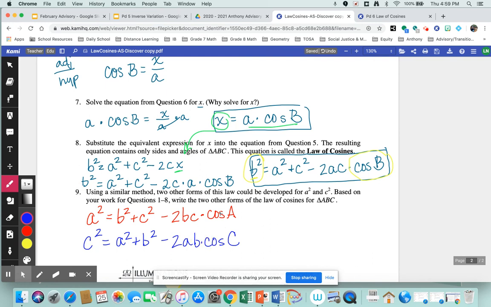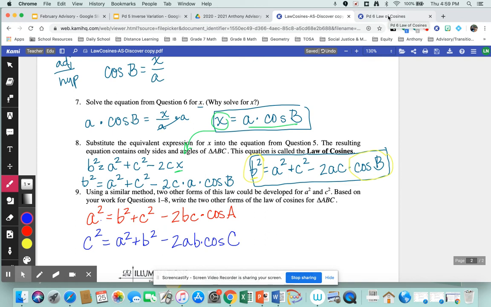Any of these can be used. And what you're going to see with our practice problems today is that they might not have a, b, and c like that at all. But what we're looking for is the pattern of the angle, and then its opposite side, that's what goes out here, and then the two adjacent sides to that angle.